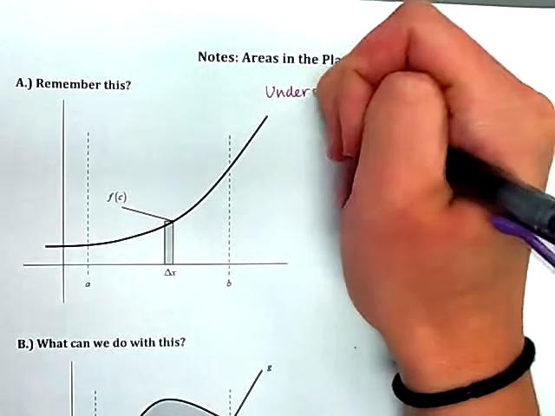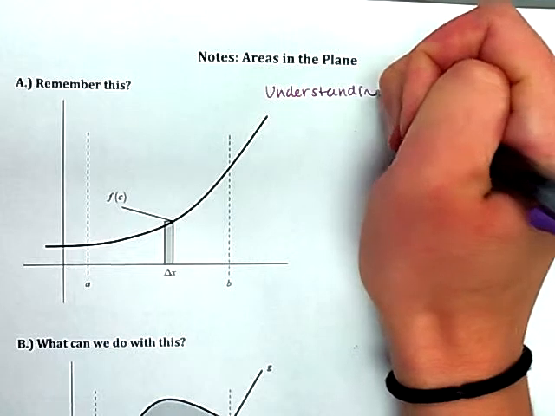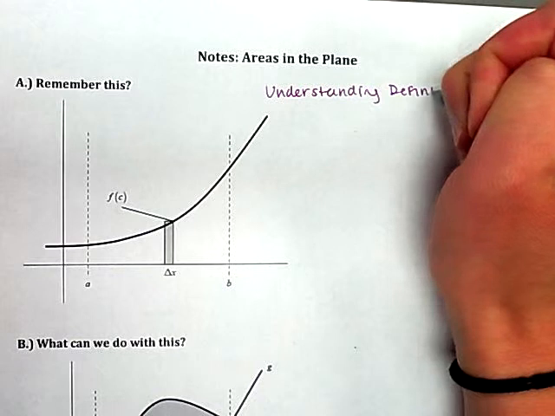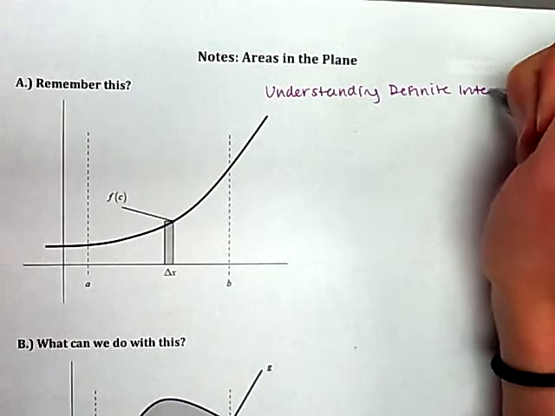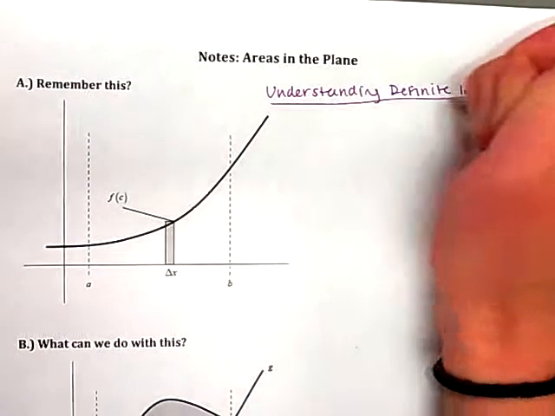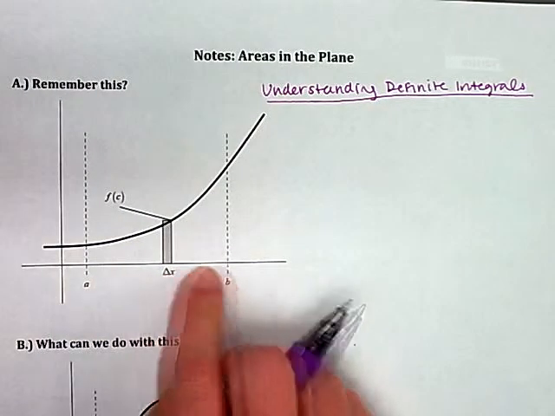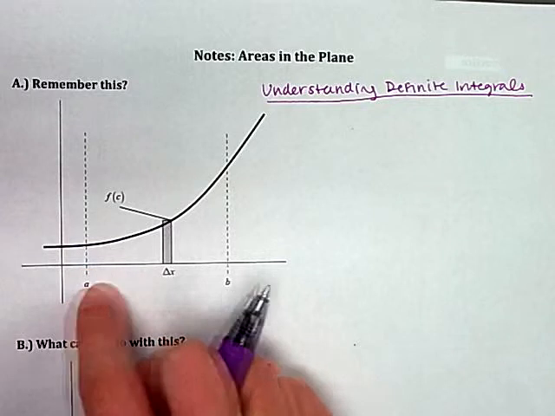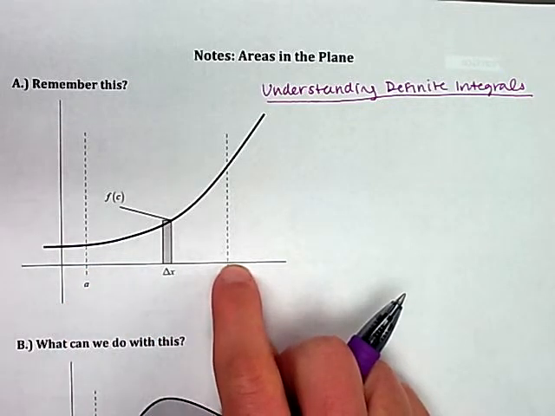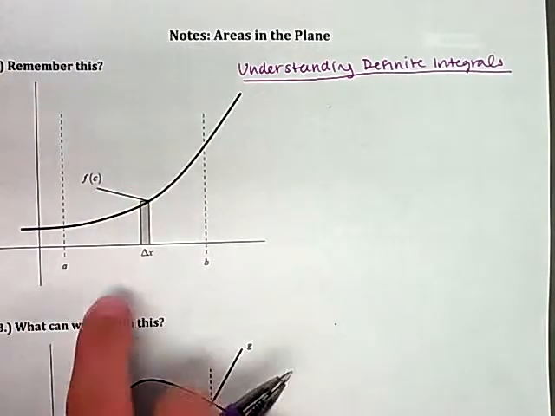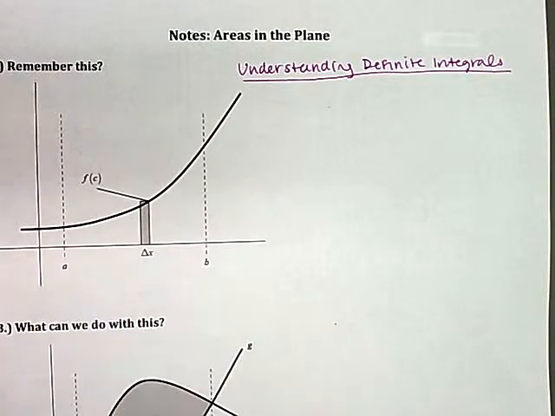Back when we were first exploring definite integrals, we thought about rectangles. The idea was that if we sum up all these little rectangles between, say, point A and point B along the x-axis, that should tell us approximately the total amount of area between this function f of x and the x-axis.